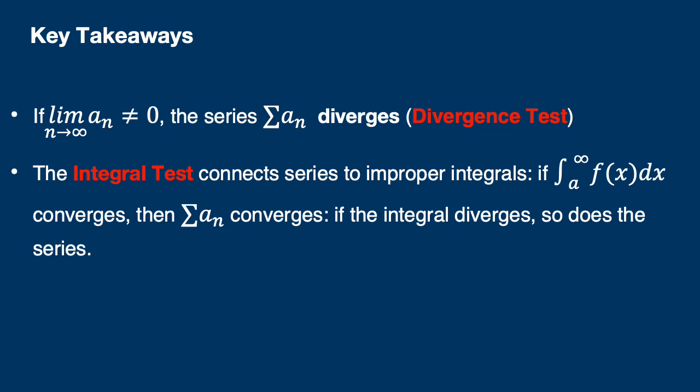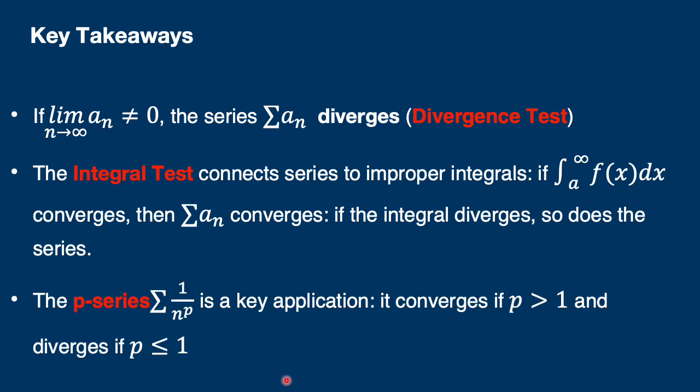If everything else is not working, you try the integral test. The integral test relates to the improper integral. If the improper integral converges, the series converges. If the integral diverges, the series diverges. The last one we studied is the P series. The P series is a key application. If p is greater than 1, it converges. If p is less than or equal to 1, it diverges.